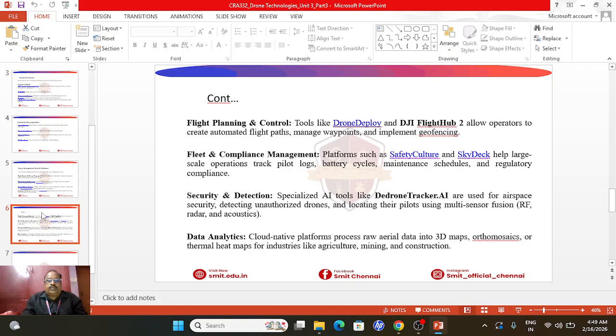Finally, we have data analytics, which has cloud native platforms based on 3D maps, for agriculture, mining and construction purposes. We also need acoustic acquisition. These management tools are used in drone technology.